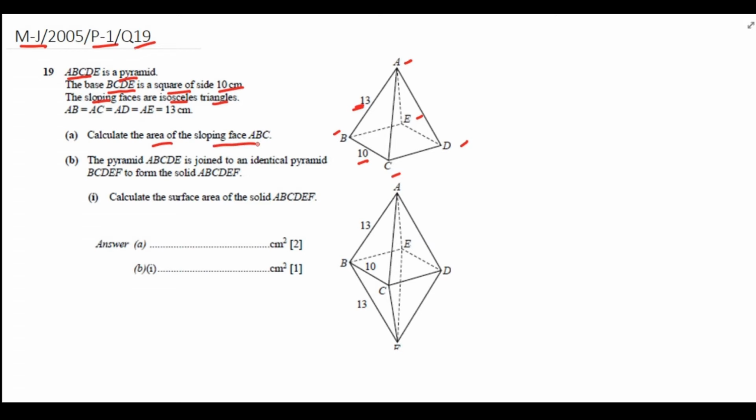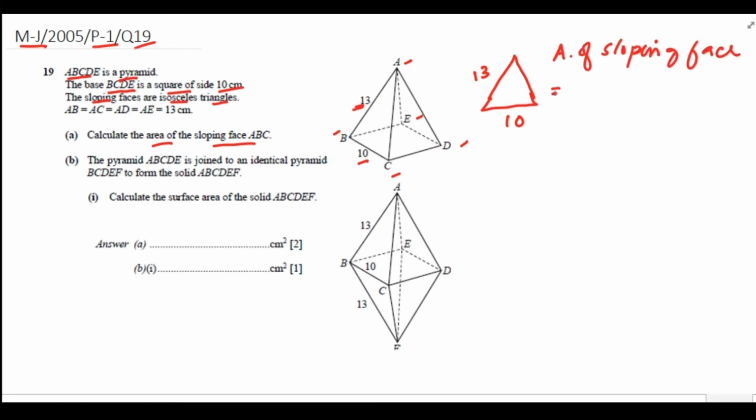Triangle ABC is redrawn for you having base equal to 10 and sloping side equal to 13 as shown. Now area of sloping face is equal to area of triangle ABC. This is equal to 1 upon 2 base b into height h. Here b is equal to 10.